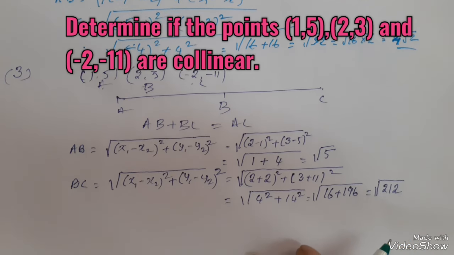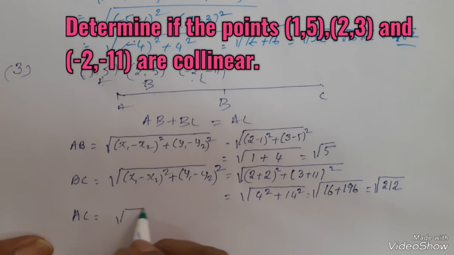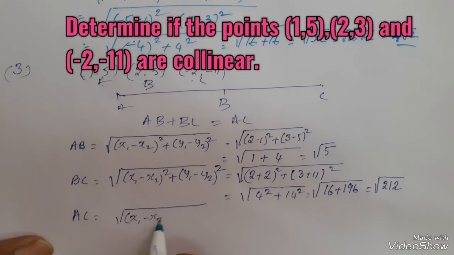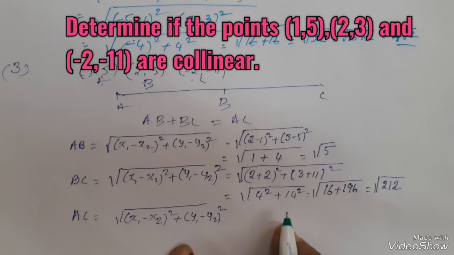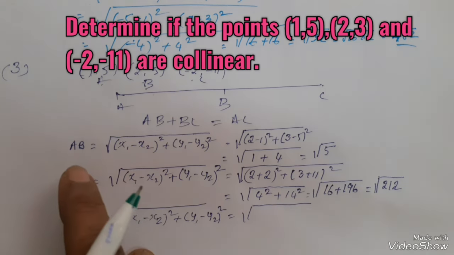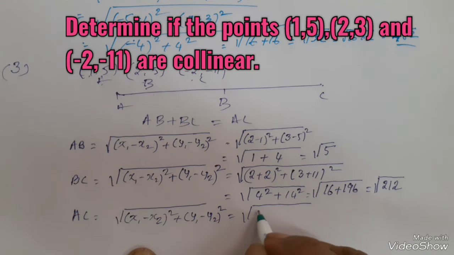Next you find AC. Again you take the same formula, (x1 minus x2) whole square plus (y1 minus y2) whole square. Now substitute the values for AC. 1 minus of minus 2, 1 plus 2, whole square.